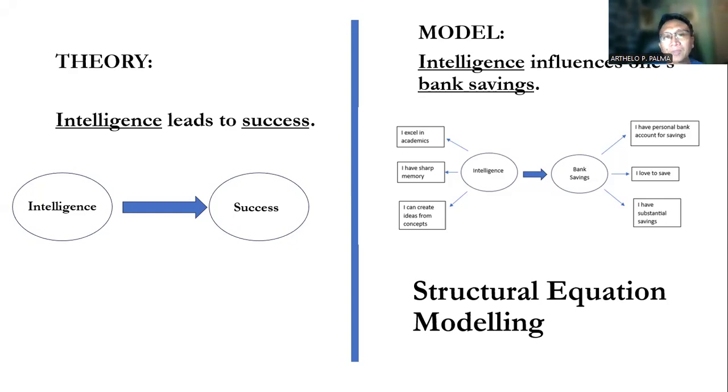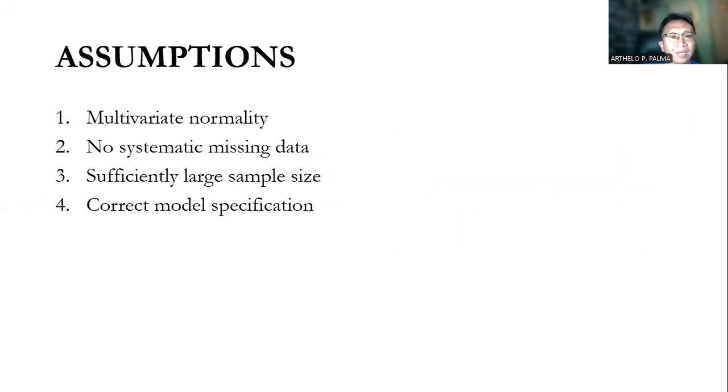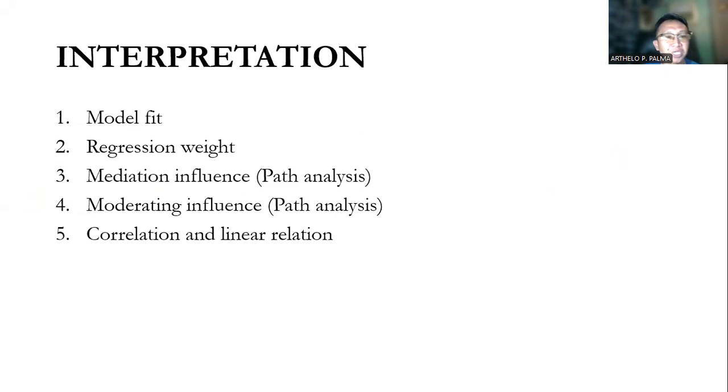So remember that in structural equation modeling, you have two important analyses. First is the confirmatory factor analysis, and the other is the path analysis, which I already discussed: the mediation influence, the moderating influence, and so on. So how good is the model? That's where we do the model fit and the regression weight analysis.